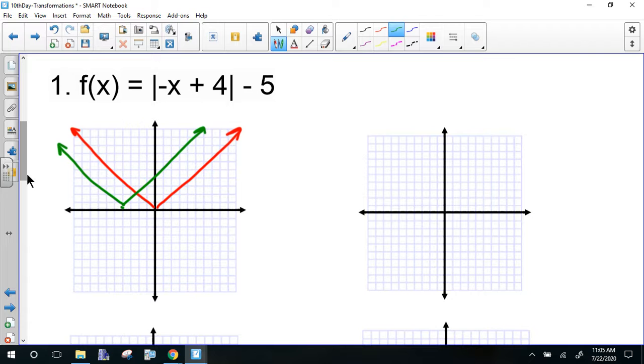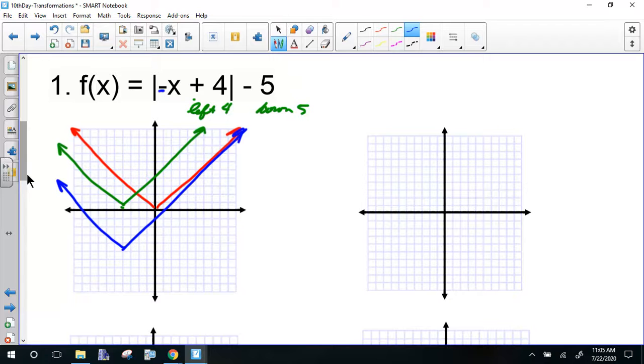There's the green is the left 4. I want to go down 5. So I'm going to take this one and move it down 5. Okay, 1, 2, 3, 4, 5. And I want to flip it over the y-axis.